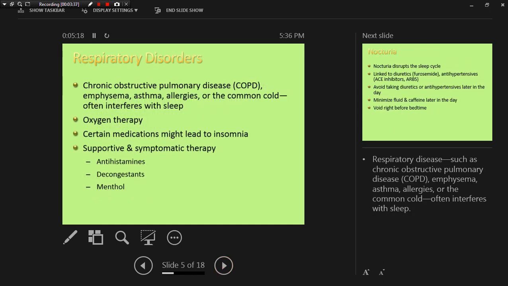So some of the respiratory disorders that we can think of that are linked to sleep impairment, insomnia, is COPD, emphysema, which that's a component of COPD in some patients, asthma. So the long-term pulmonary diseases, obviously these patients are going to have a hard time sleeping, not only because of the problems with laying down, because they're more short of breath.